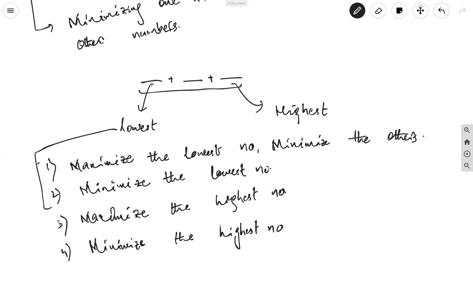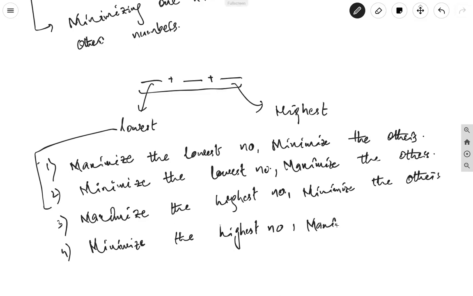And likewise, if we want to minimize the lowest value, we need to maximize those two so that we get a minimum value of the lowest value. If we want to maximize the highest quantity, we need to minimize the others. And in the last scenario, if you want to minimize this, we will need to maximize the others.